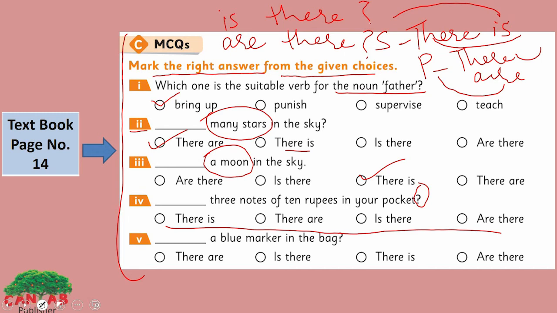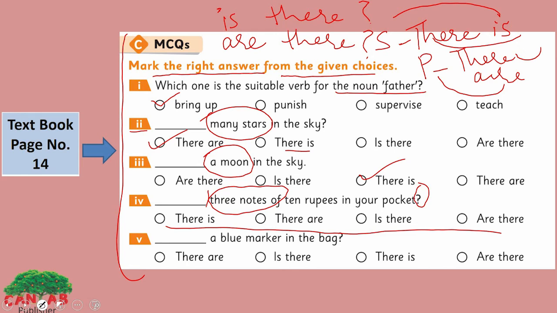Because you are interrogating, you are asking something about a person or item, about the presence of an item or person here in the present situation. So you have to choose the right option here. Yes, we have a specific number here. 3 notes. It means the item is more than one.